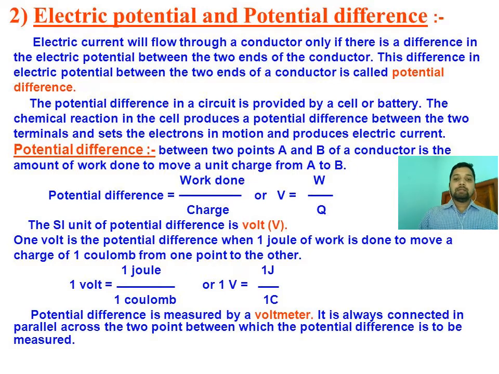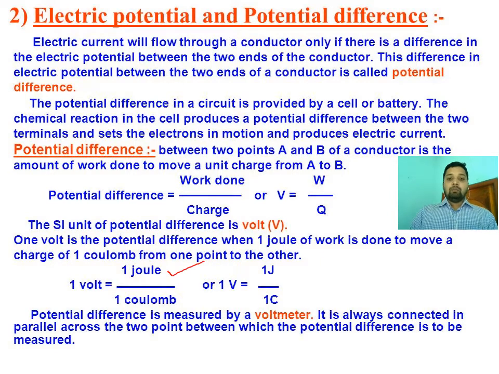Potential difference has the unit volt, and we can define 1 volt as, we know V equal to W by Q, so 1 volt equal to 1 joule by 1 coulomb. Coulomb is the SI unit of charge, joule is the SI unit of work done.